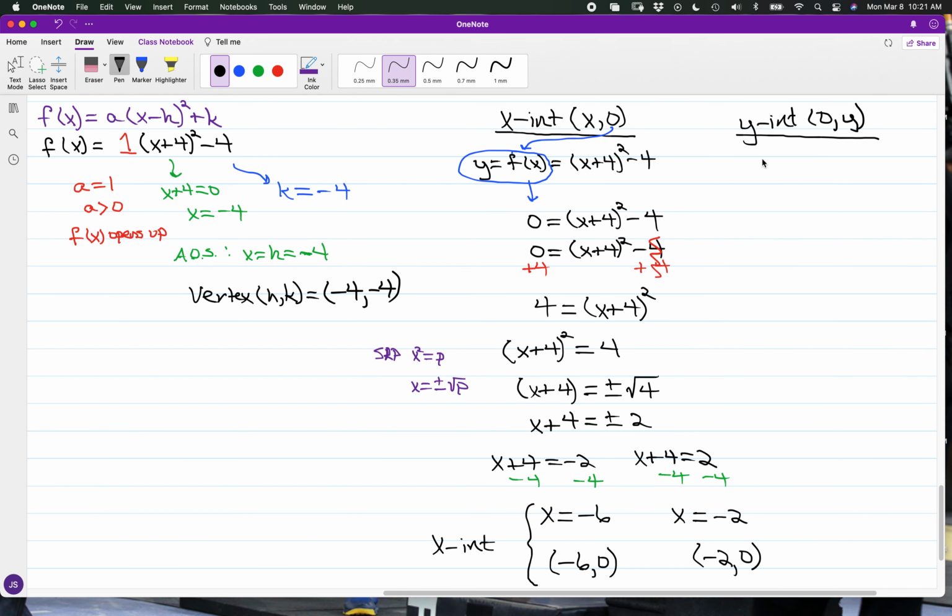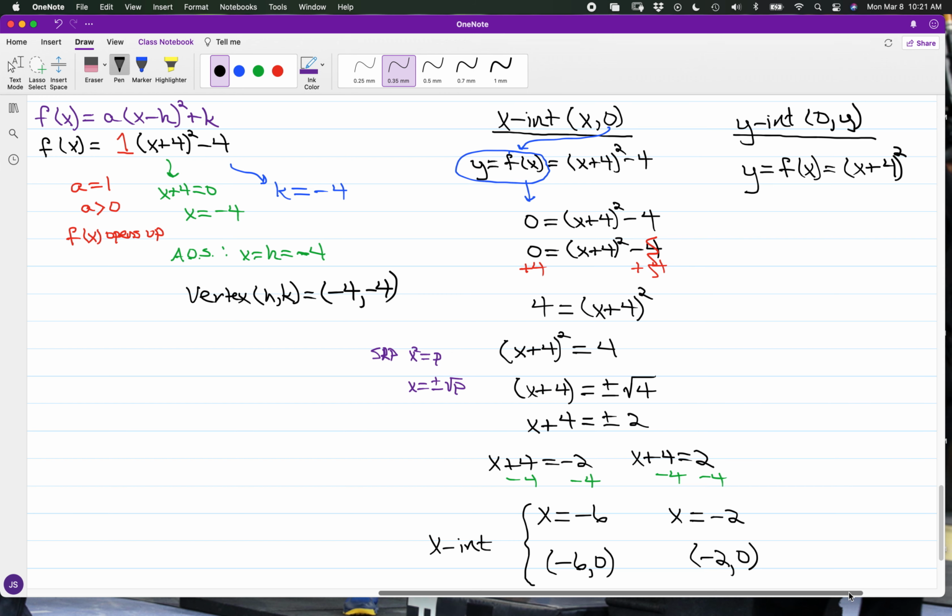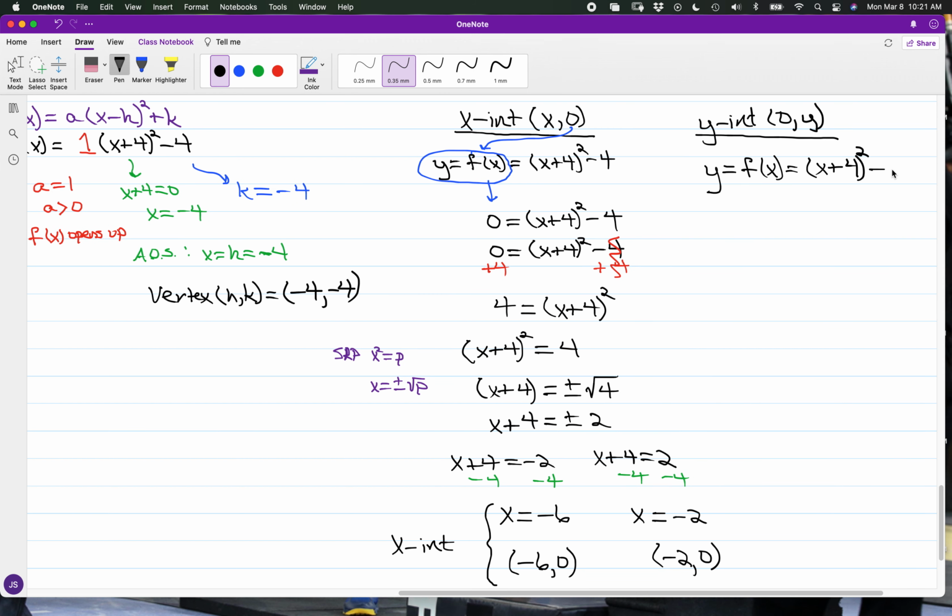And for what we have here, y is equal to f of x is equal to x plus 4 quantity squared minus 4. Again, x is going to be set to 0.